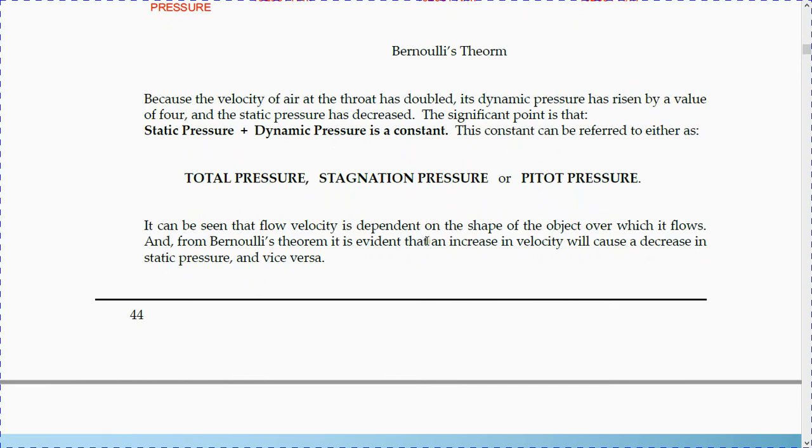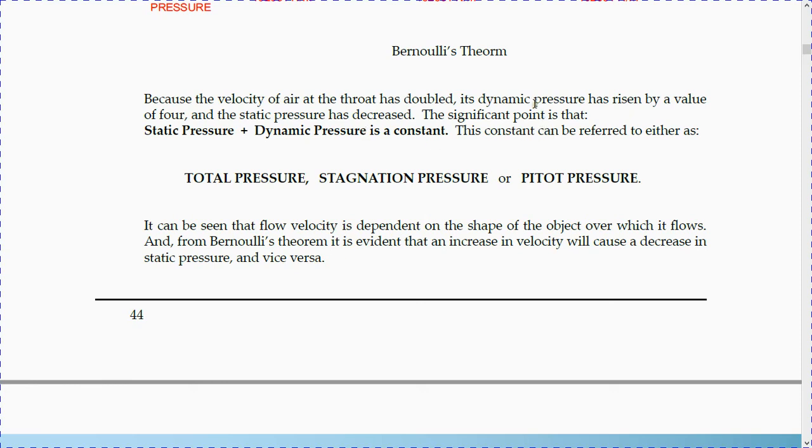So Bernoulli's theorem: because the velocity of air at the throat has doubled, its dynamic pressure has risen by a factor of 4, and the static pressure has decreased, as I was just saying. The significant point is that static pressure plus dynamic pressure is a constant.